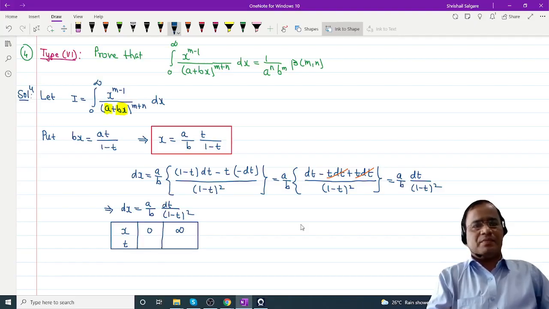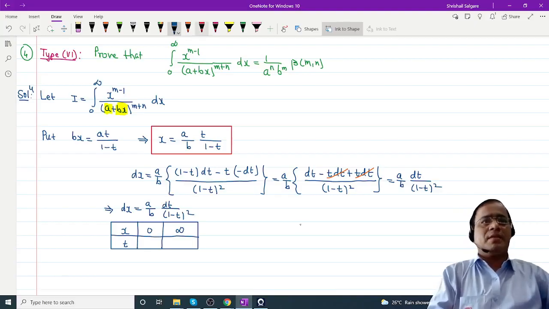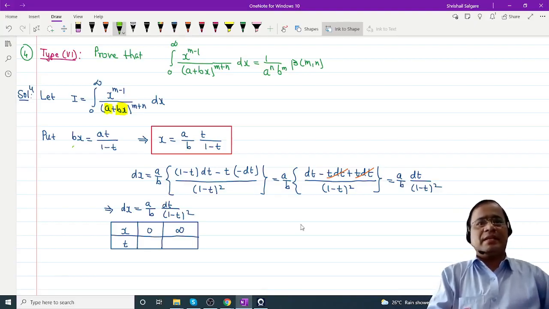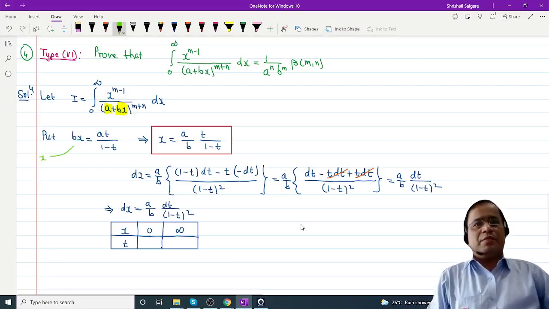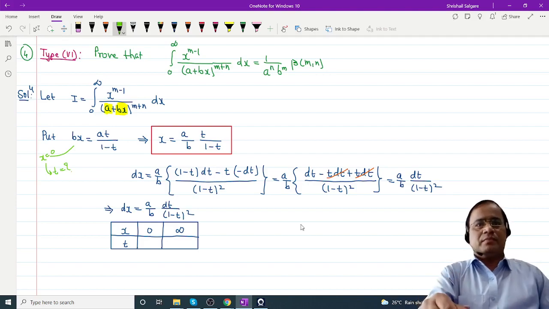Yes, someone has completed. Here I will write that part. So in this substitution, if you put x is equal to 0, then what is t? That is my question. 0. Obviously, okay. Now you go in the reverse way.